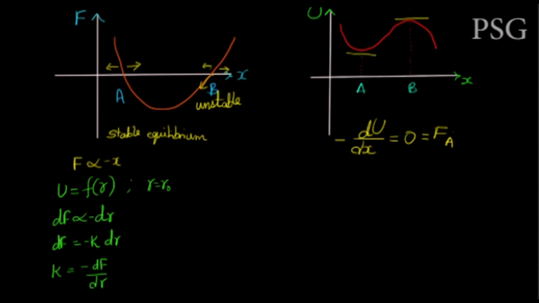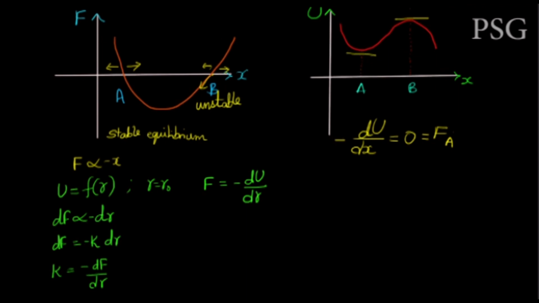Now we know that at the equilibrium position the potential energy is minimum. Therefore we know that any conservative force F can be derived from its potential. So dU by dr is equal to F. Let me substitute this value in the previous equation.